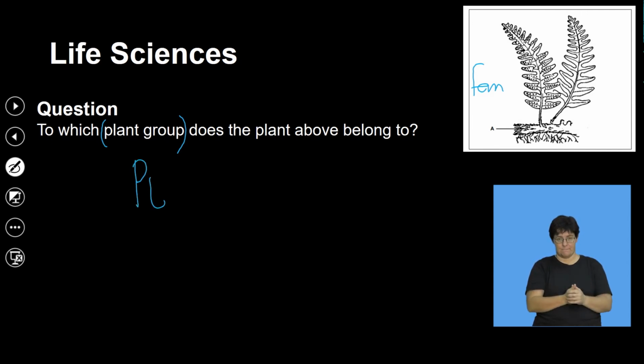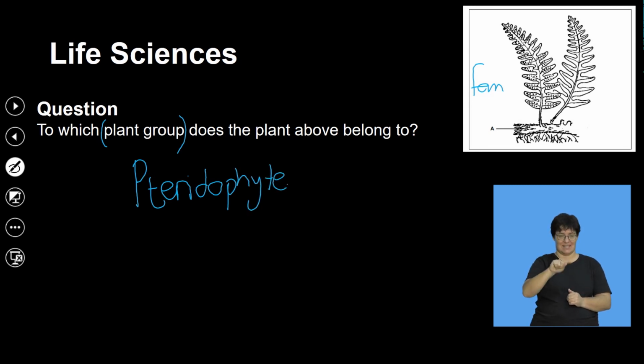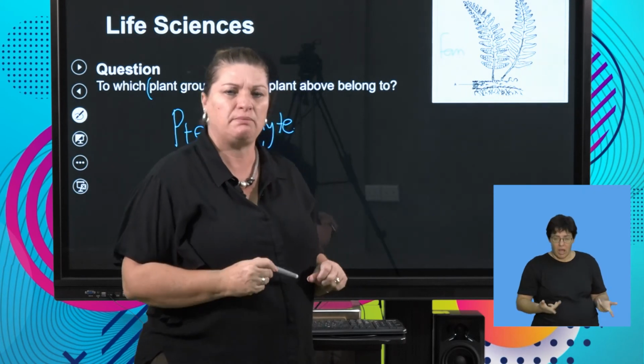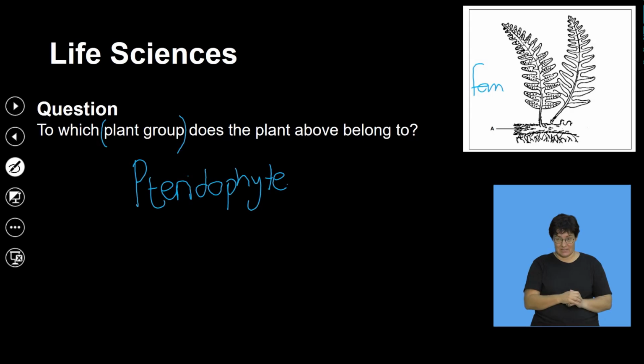It wants the long one, and if you say it phonetically, pteridophyte, that's fine. Don't worry about your pronunciation. Just worry about if you can say it phonetically. Say it how it sounds, and it's going to be much easier for you. So the plant group, not the example, is the pteridophyte.